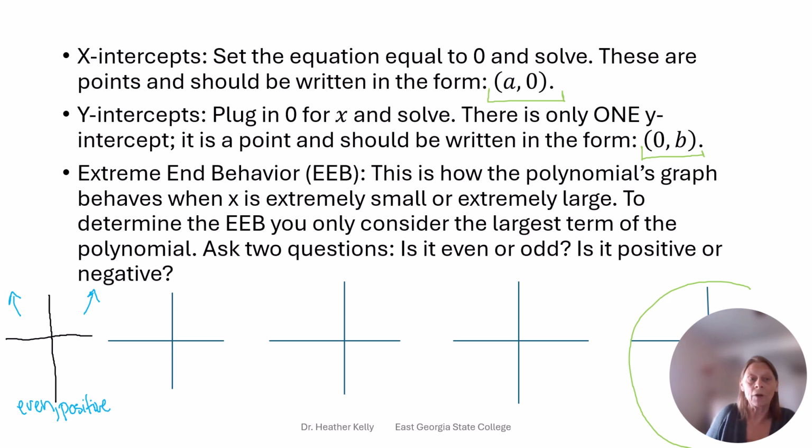Where we find the extreme end behavior from is looking at the highest power of x in the problem, determining if that is an even or odd number, and also looking at the leading coefficient and determining whether it is positive or negative. So here this one is even positive.